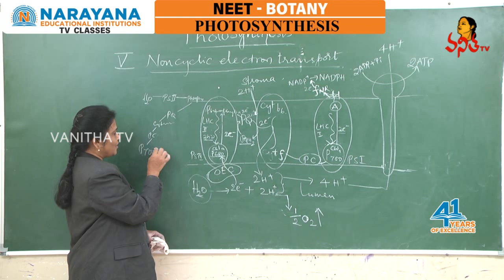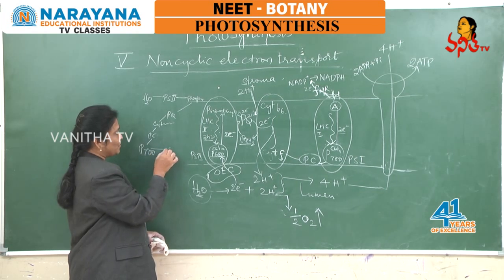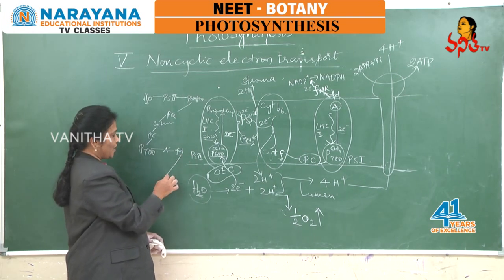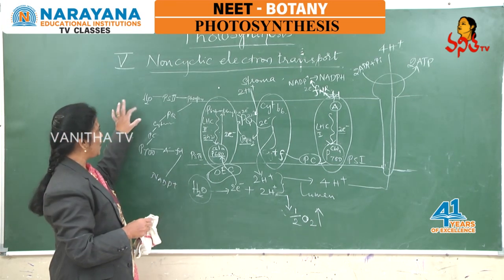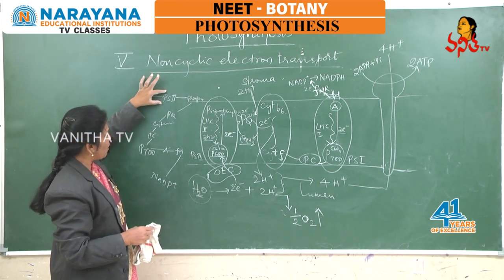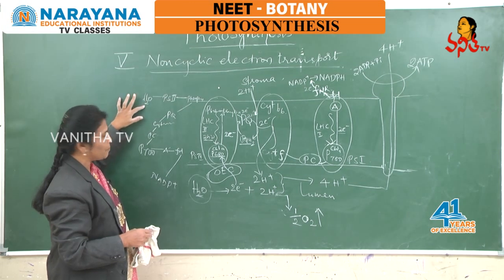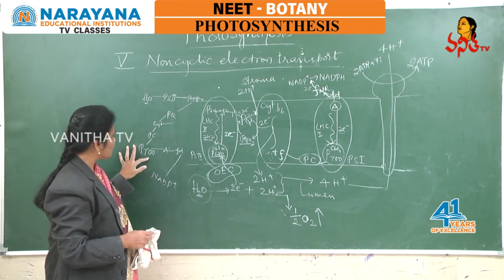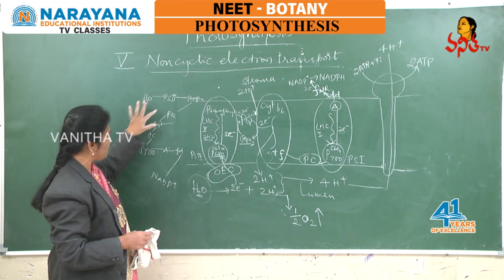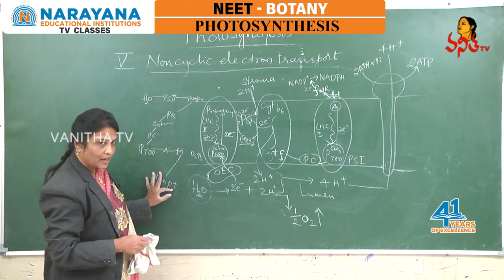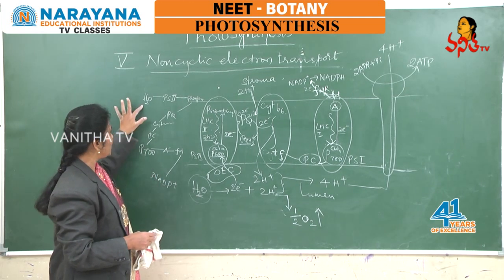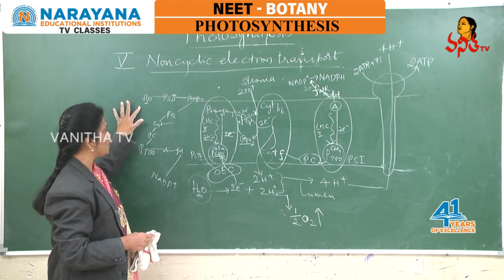From P700 the electrons go through the unknown acceptor and ferredoxin, and are finally received by NADP plus. So, as we follow the electron flow, the electron loss of PS2 is compensated by water, the electron loss of PS1 is compensated by PS2, and finally electrons are received by NADP plus. Finally, the loser of electrons is the water molecule.